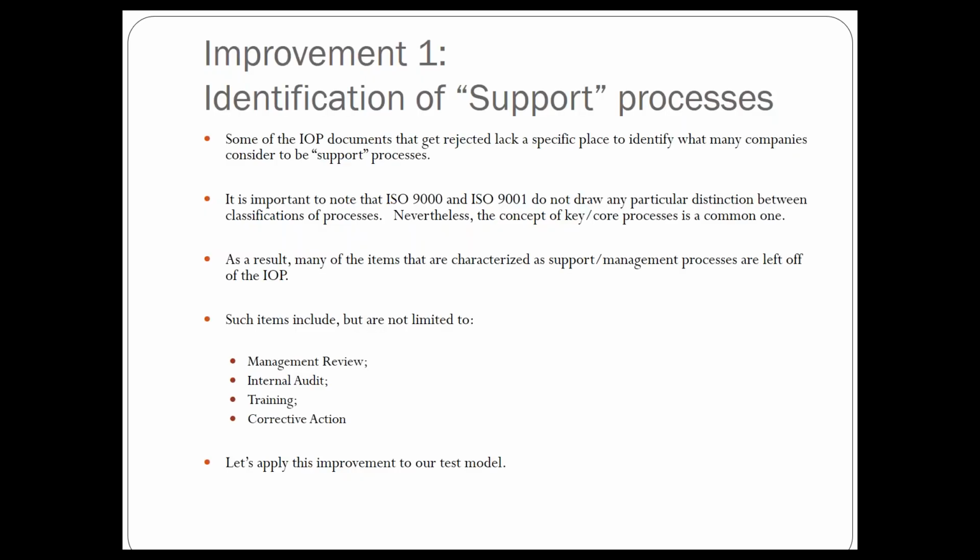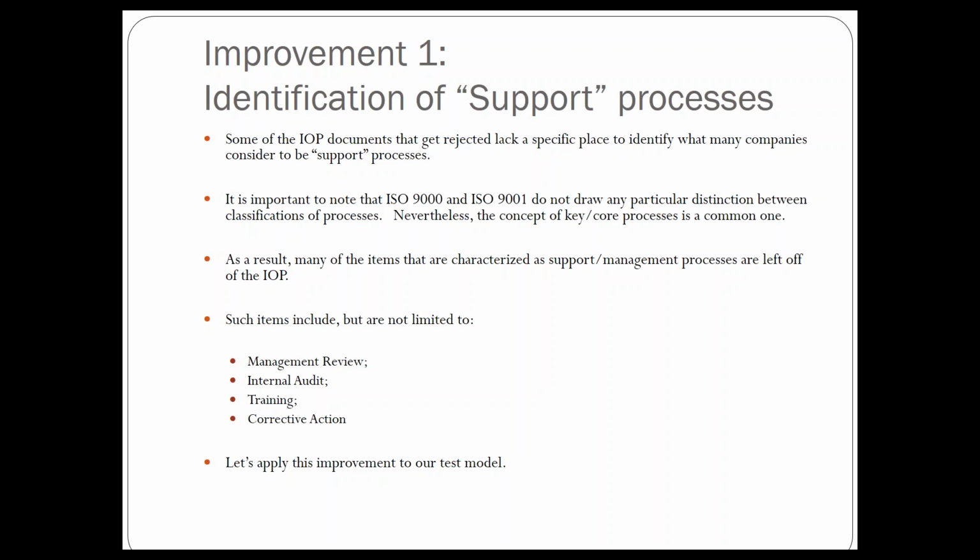Now, in terms of core process, support process, the ISO 9001 standard and the ISO 9000 standard don't draw any particular distinction. We see this a lot, though, this whole idea of core processes, key processes, and support processes.